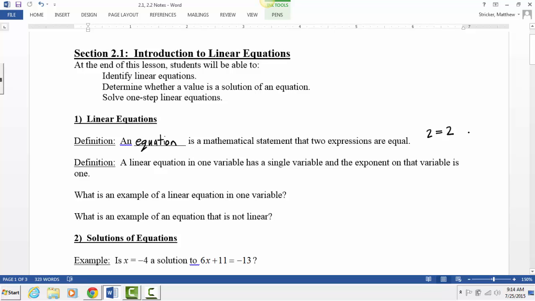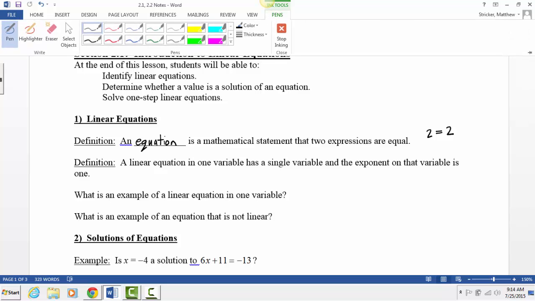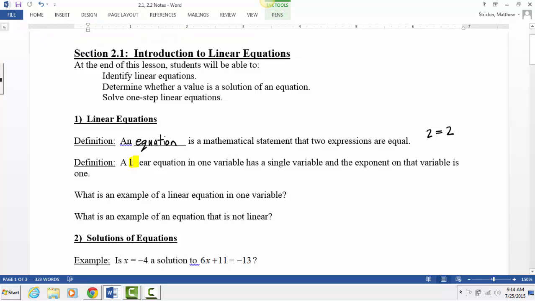Second definition, we now have a specific kind of equation, a linear equation. A linear equation in one variable has a single variable, and the exponent on that one variable is 1. A couple things to highlight again here is that there's one variable, and the exponent on that variable is 1.